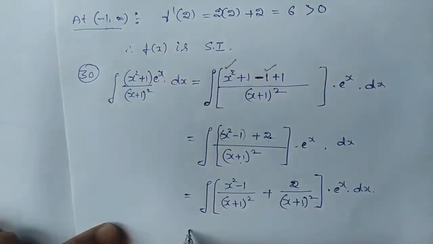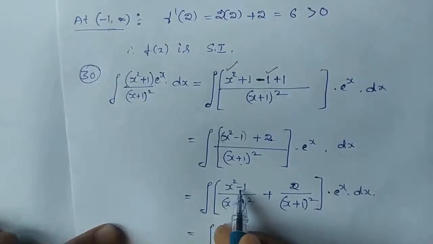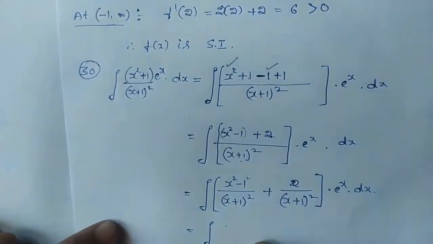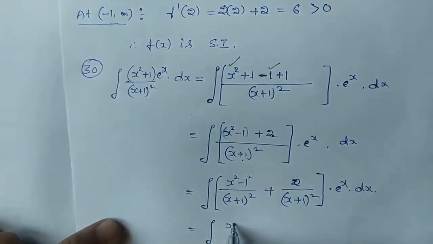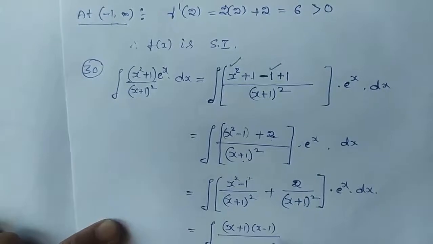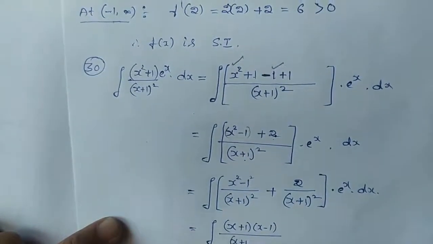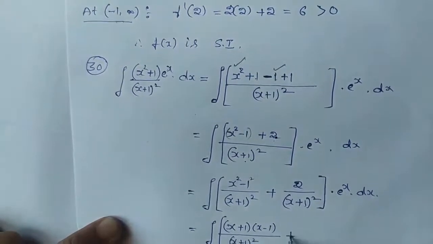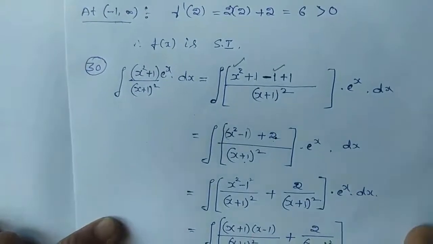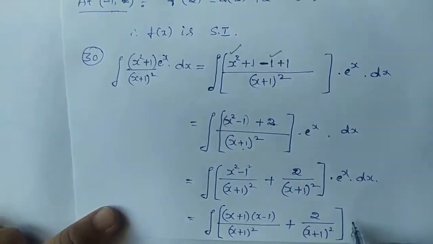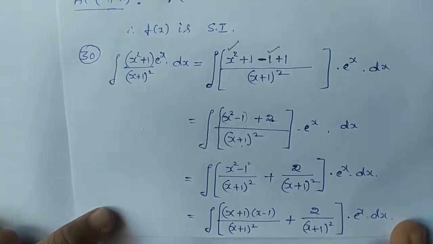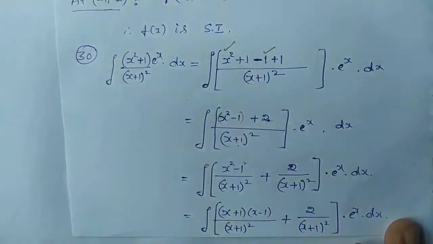Next, x square minus 1 can be written using the a square minus b square formula as x plus 1 into x minus 1, divided by x plus 1 whole square, plus 2 divided by x plus 1 whole square, into e power x dx. If you want to note this question, you can note it.